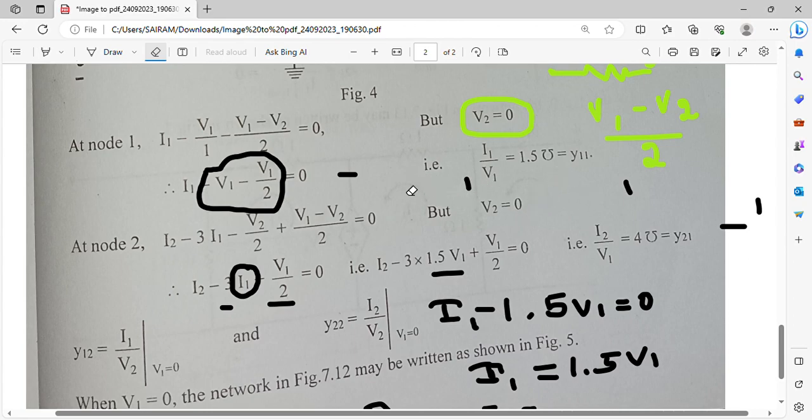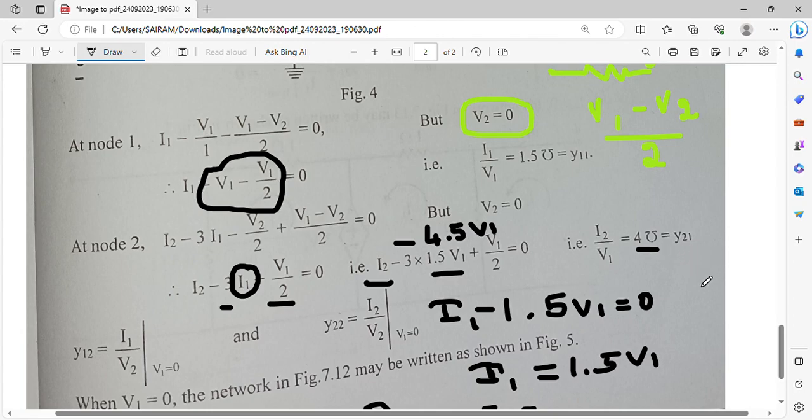Here it is nothing but I2 minus 3 into 1.5, which is minus 4.5 V1, plus V1 by 2, which is equal to 0. If you simplify this, you are going to get I2 by V1 is equal to 4 ohm, right?